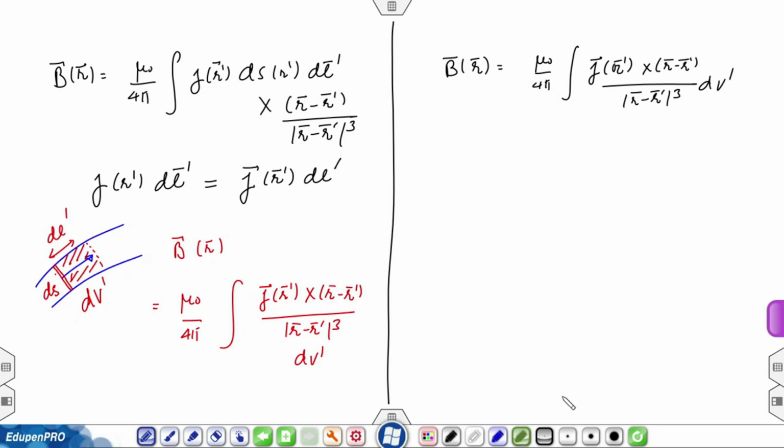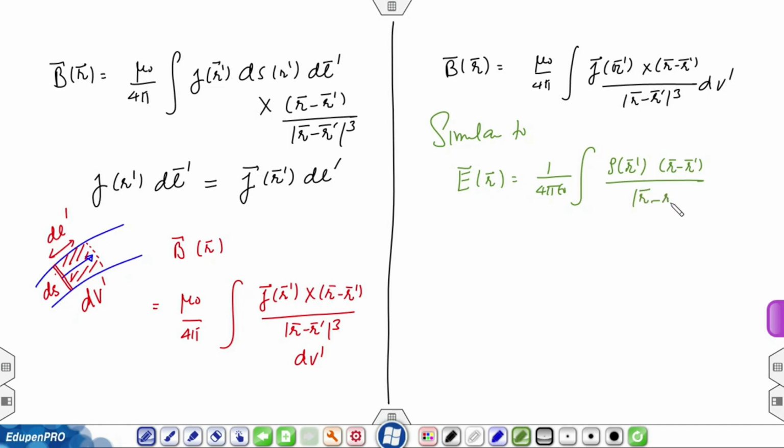This is similar to the electric field formula for a given charge density, which was 1 over 4 pi epsilon 0 integration rho r prime, r minus r prime over r minus r prime cubed dv prime.